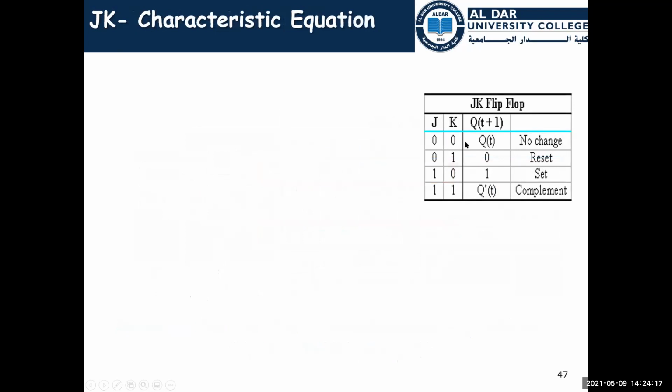Just expand this truth table to a more comprehensive one. So we have J in one entry, K in another entry, and Q, which is the previous state, and the clock value, and the Q plus, which is the next state. This is the current state, and this is the next state.